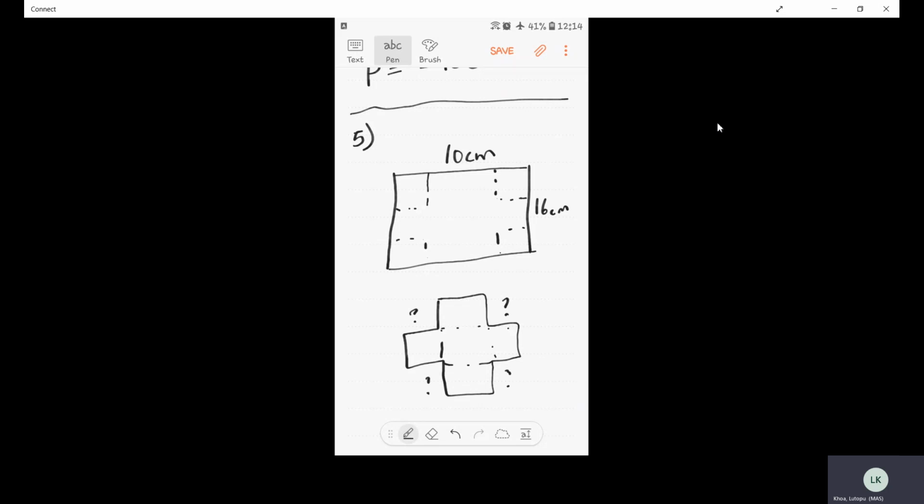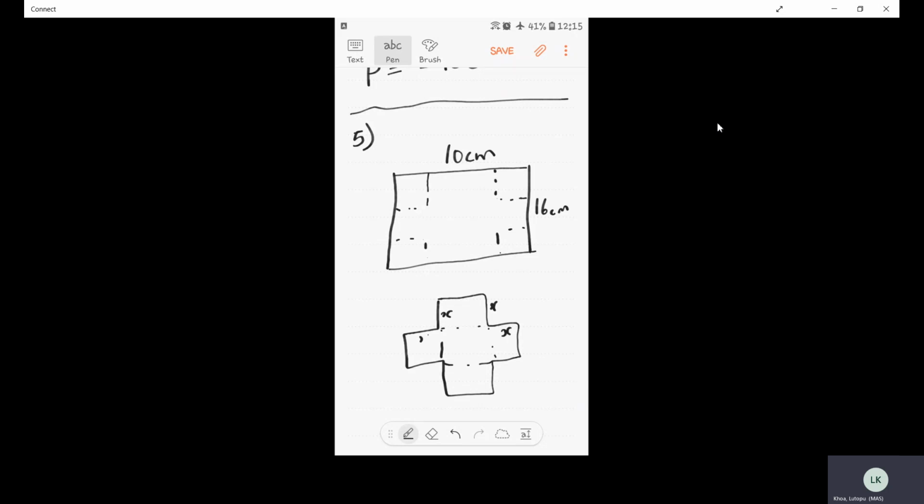Okay, so we have a sketch. With these questions, it's always good to draw a sketch and then you visualize what it is you need to do. Now, the squares that we are going to cut out will all be the same size. So I'm not going to cut out 4 different squares. It is the same kind of square from all the corners. Now, this square will have dimensions x by x.